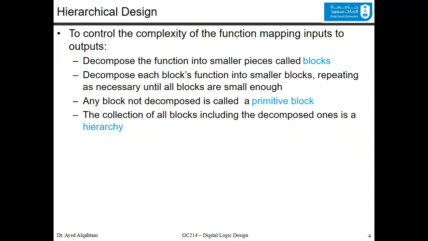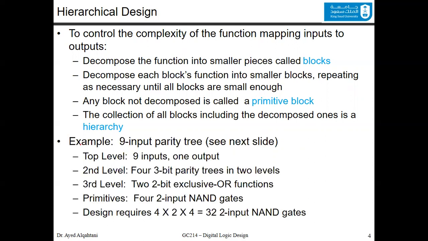The collection of all the blocks, including the decomposed ones, is collectively called a hierarchy. As an example, if we say that we have a 9-input parity tree, we will check this in the next slide.